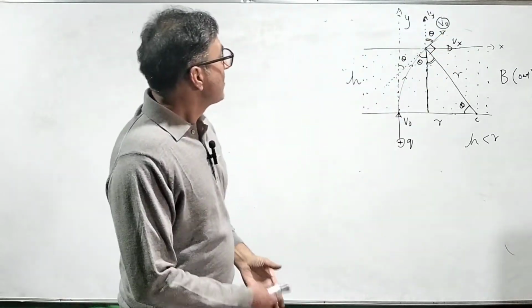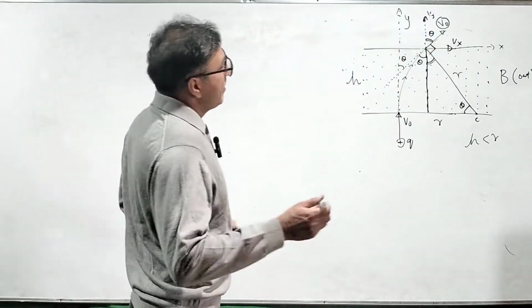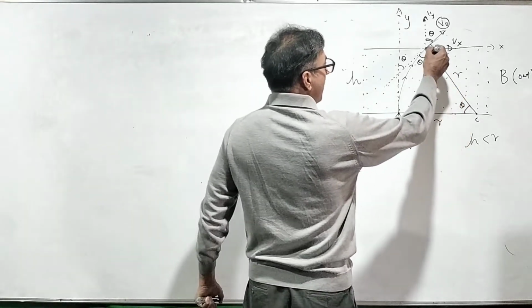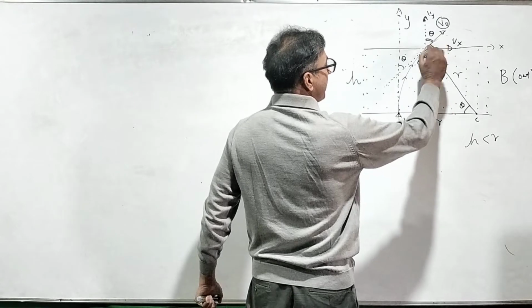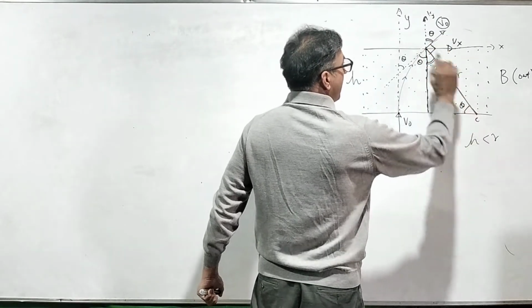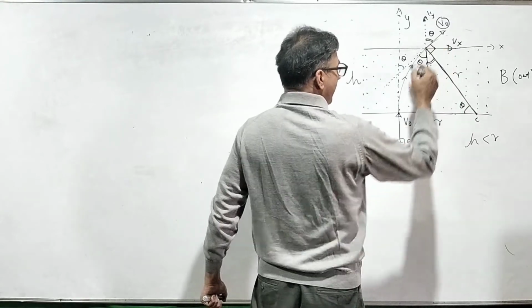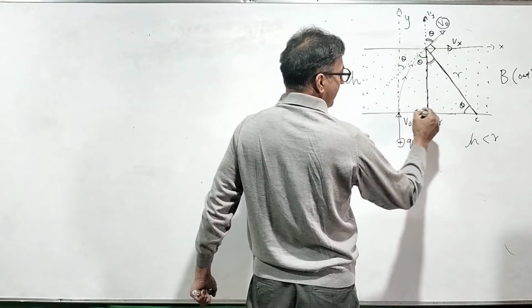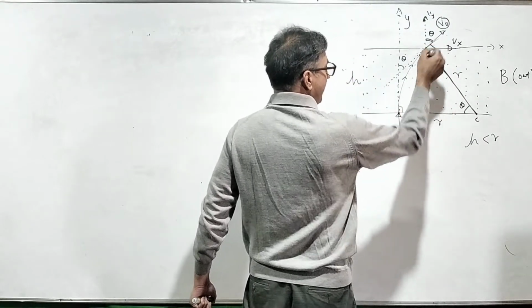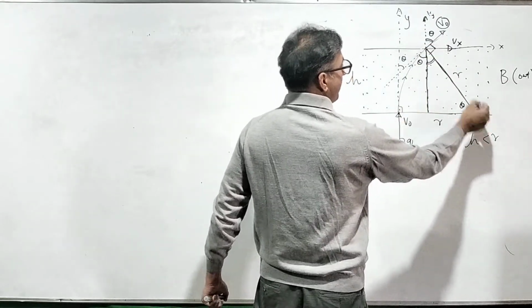Okay. Can you tell me, when the charge emerges out, you draw a perpendicular on the arc here, and you draw a perpendicular on the arc here. These two normals on the arc will meet at the center of the arc.